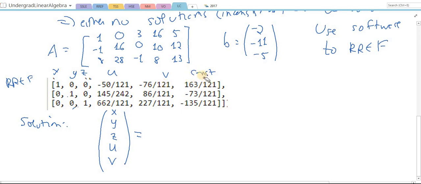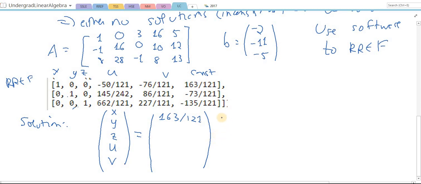All right, so that's the value of x. Put that in your mind. So what's the constant associated with x? The constant associated with x is 163 over 121.